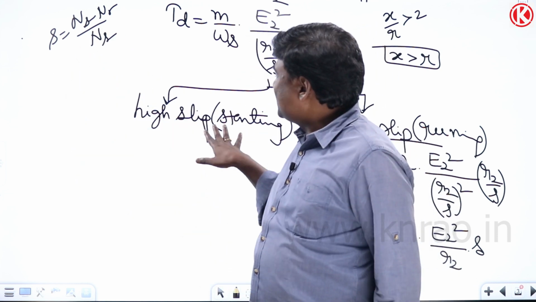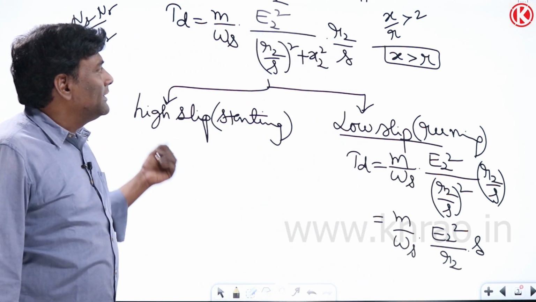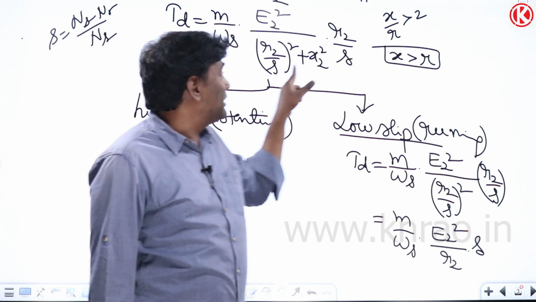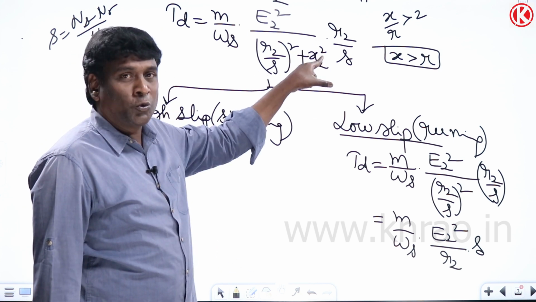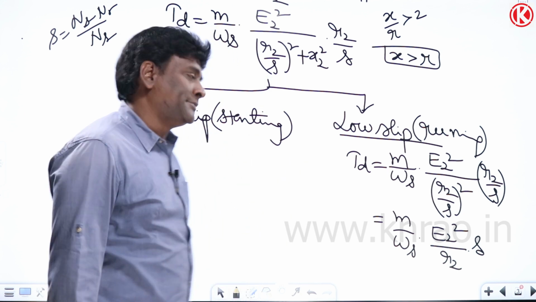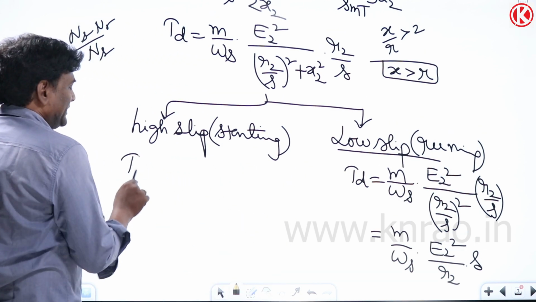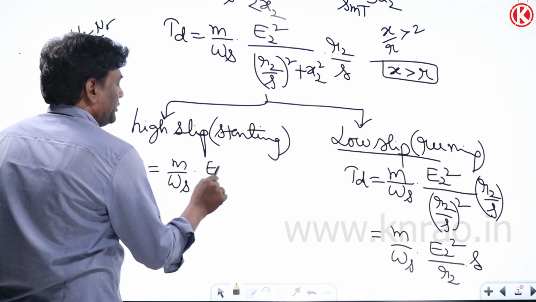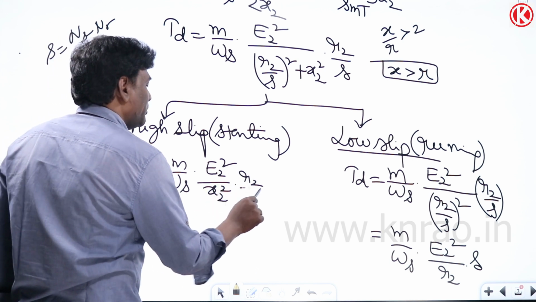When slip is nearer to 1, X value is going to be more than R value. Under that condition, X2 is going to be more compared to R2 by S value. So neglect R2 by S. Then my Td is going to be m by omega s into E2 square by X2 square into R2 by S.